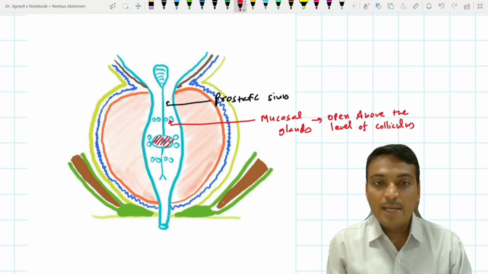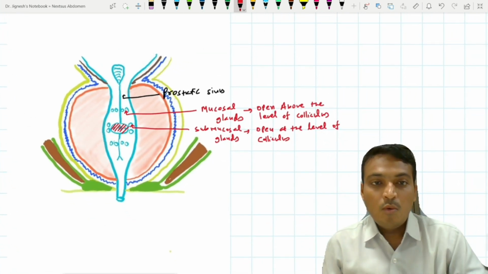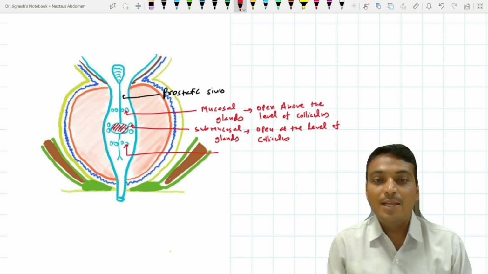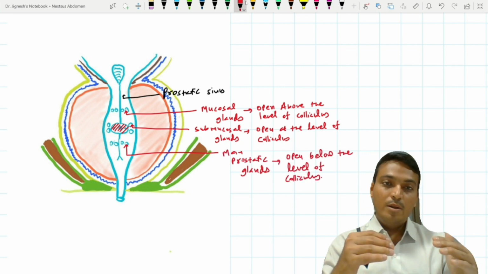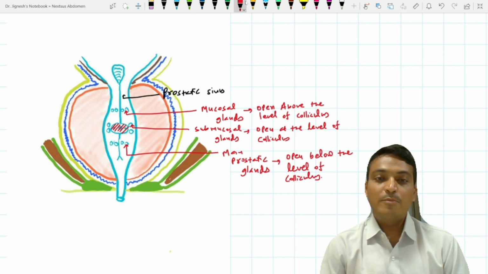The submucosal glands open at the level of the colliculus seminalis, while the main prostatic glands open below the level of the colliculus seminalis.